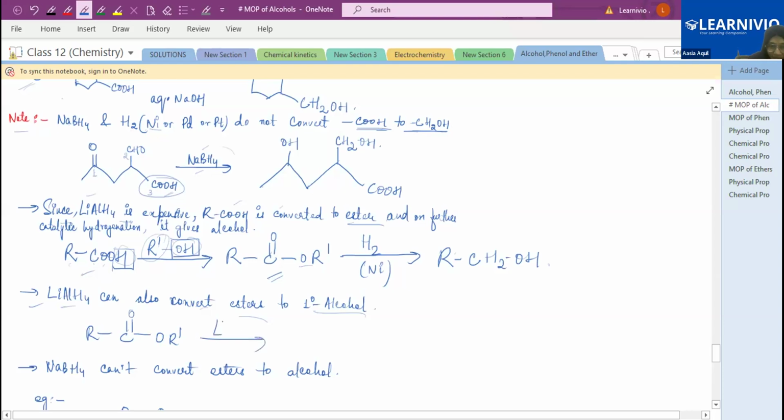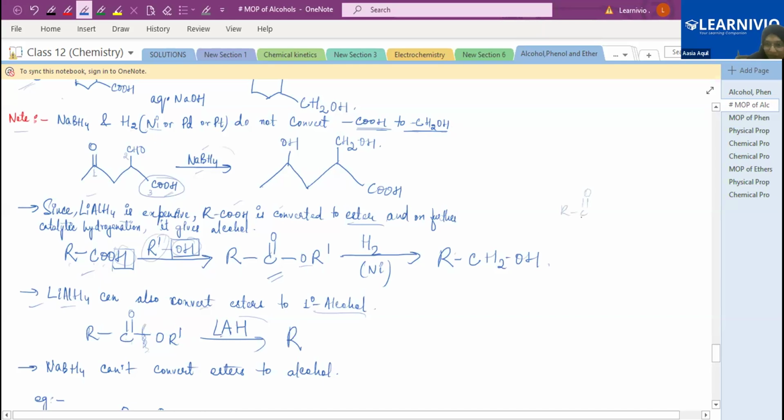When you add the strong reducing agent lithium aluminum hydride, what happens over here? This CO bond will break, and this RCO, this CO group, will be reduced to the corresponding alcohol.